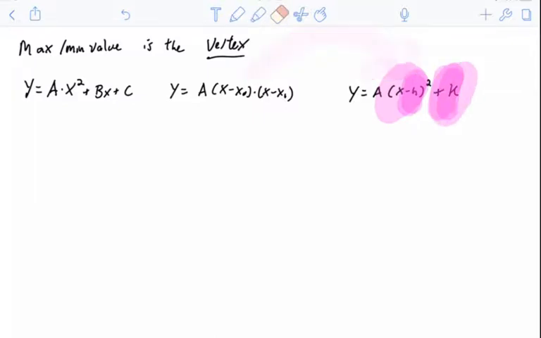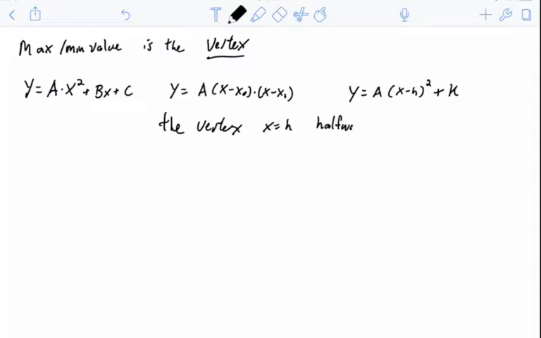Those are super not hard to find, because we know that these correspond to a parabola, and that parabolas have that line of symmetry going down the middle. Why? The vertex is, on the x-axis, halfway between the roots, if they exist.